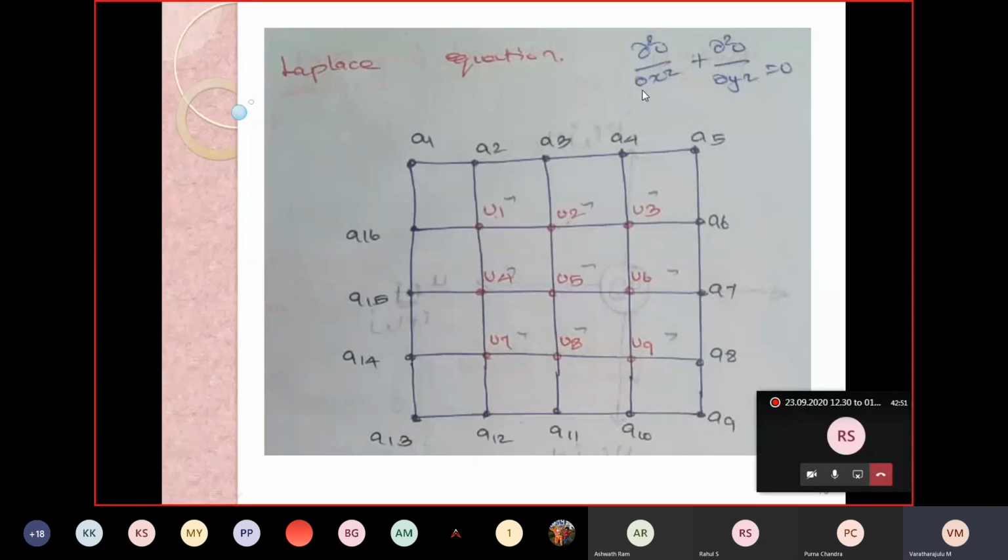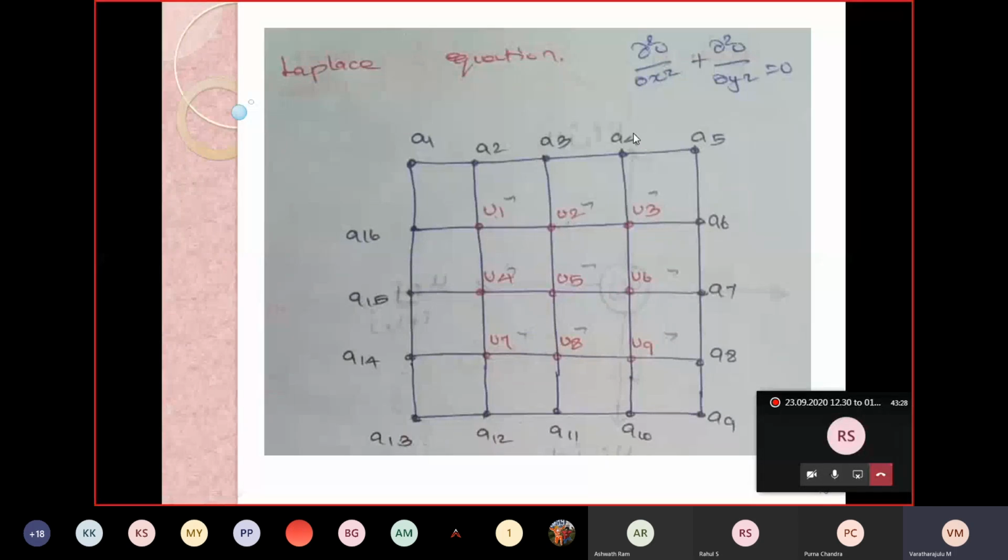The four boundaries we know: the lower horizontal boundary, the upper boundary, and similarly the leftmost boundary and the rightmost boundary, and we are concerned about the inner portions. We need to find the temperature.